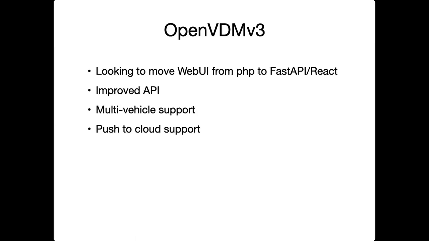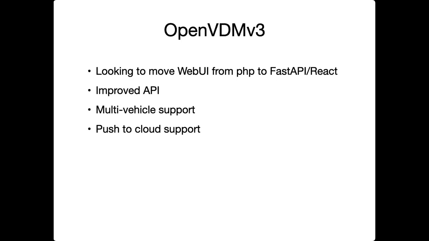As part of that, it'll improve the API. Right now, the current API is very read-only. There's no modification functionality, and I want to be able to change that. I want to give vessels the opportunity to further automate their use of OpenVDM by being able to actually drive OpenVDM from a script or command line or whatever mechanism, a physical button, whatever they want.